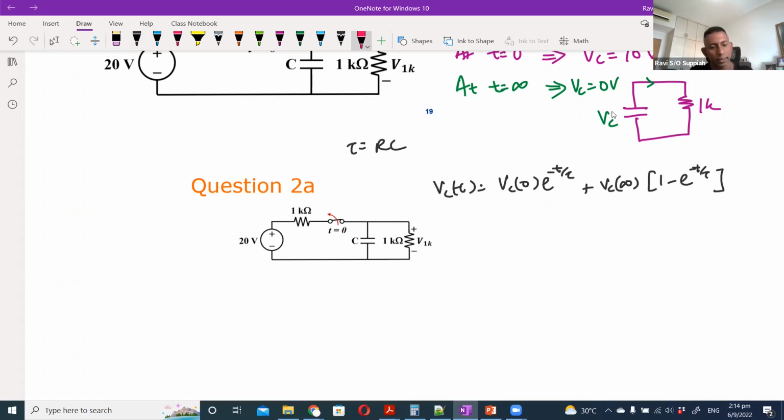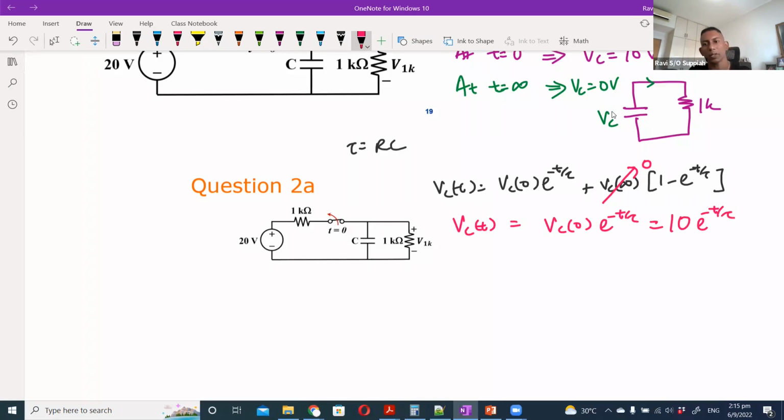We know that at t equals infinity, we go to 0 volt, which means that this term is 0. Since that is 0, we can ignore that part and just focus on this part, which is VC0 e to the minus t over tau, which will be 10 e to the minus t over tau.